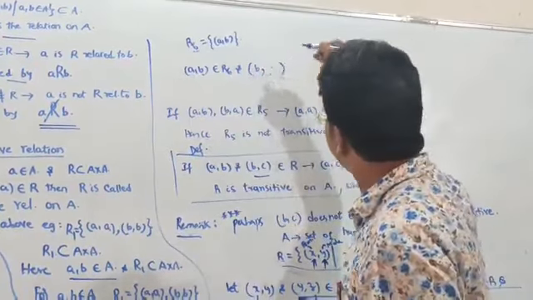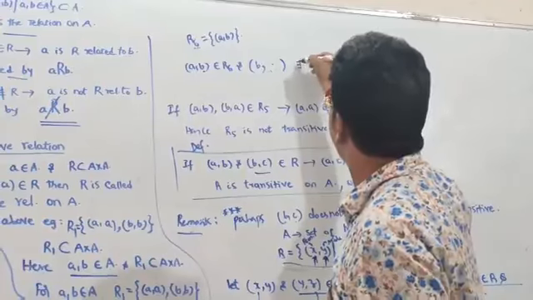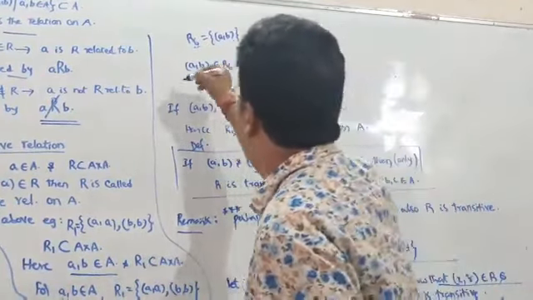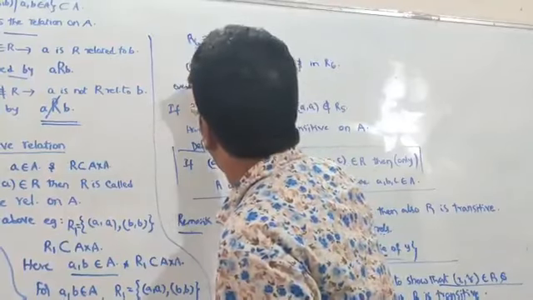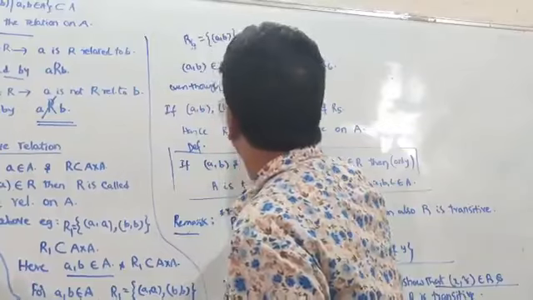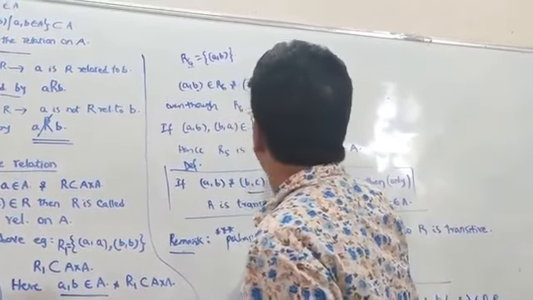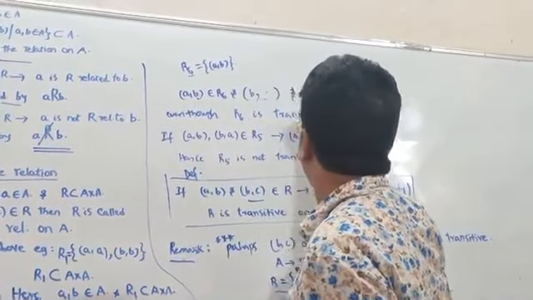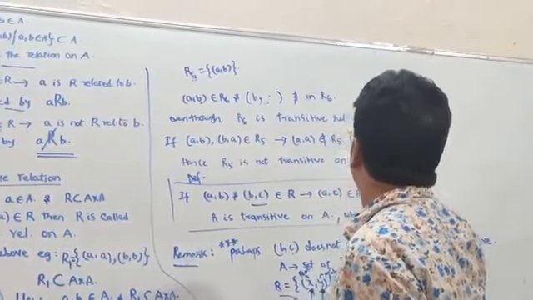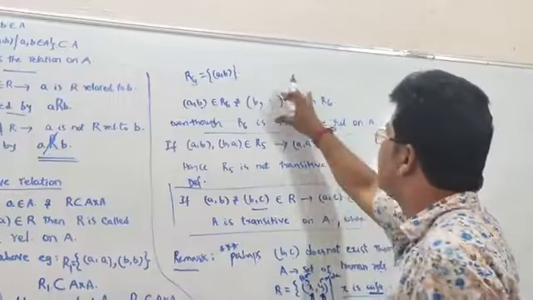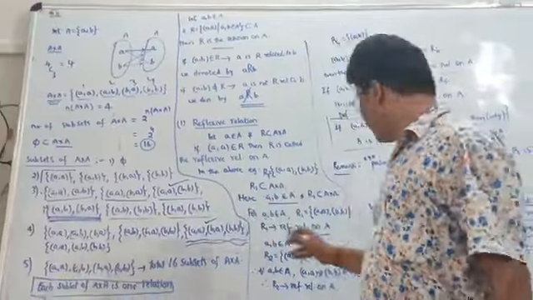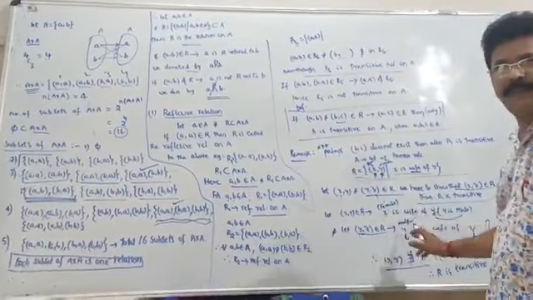So B comma something does not exist in capital R6, even though R6 is transitive relation on capital A. This is another example from our subset list.